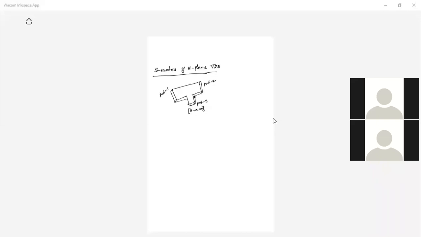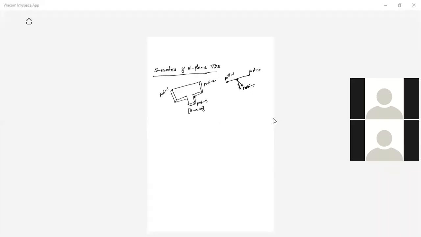If it is difficult to draw this, you can simply draw like this, making some angle. This is port 1, port 2, and this is port 3. Sufficient, you can draw like that.